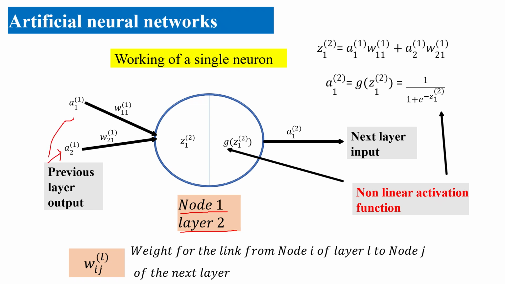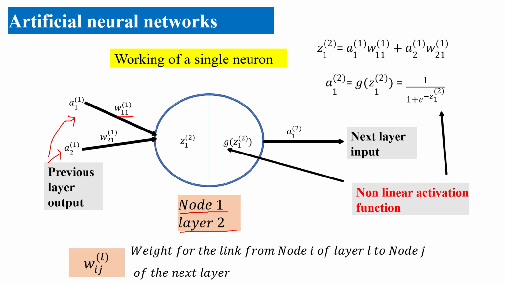We are seeing two inputs coming from the previous layer, layer 1, node 1 and node 2, going through the weights.